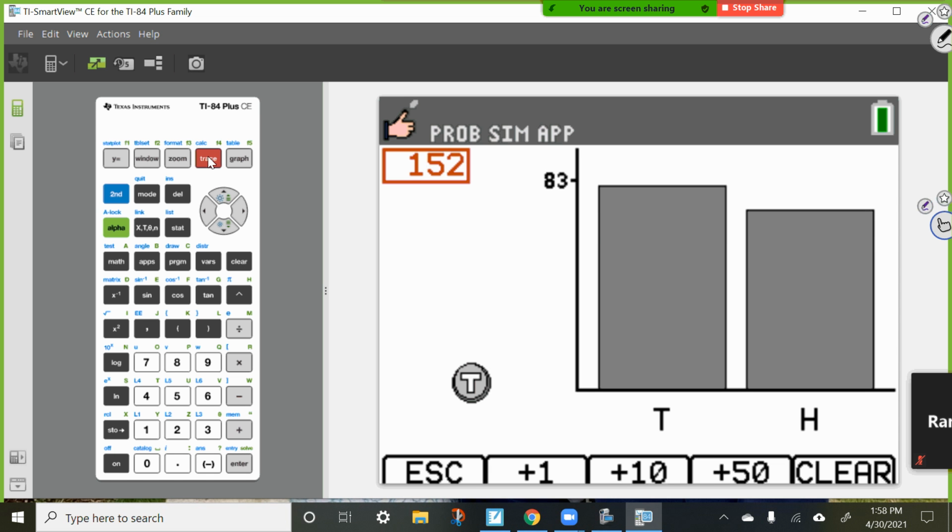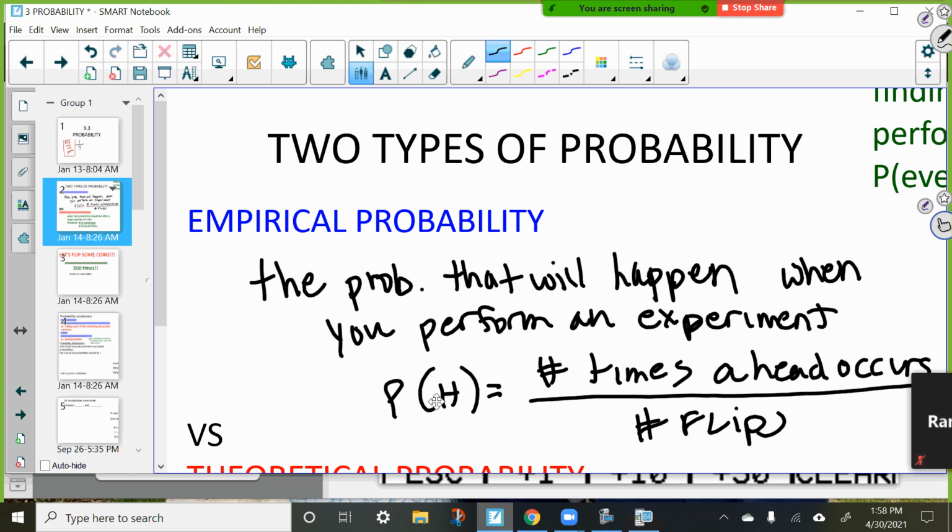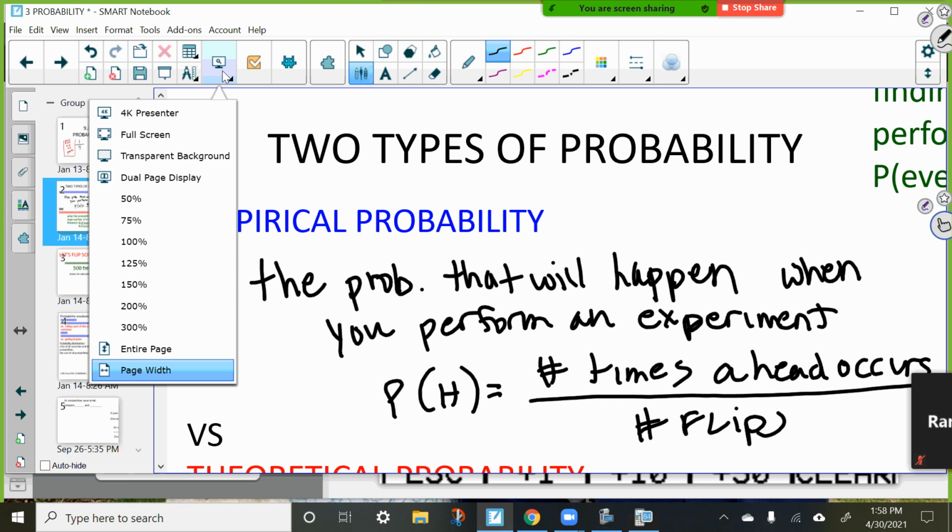If I keep on going, larger and larger, we're almost there. It should be really close to 50%. The bars should be pretty equal. So you see, as I'm doing more and more, they're still close, but they're not exactly 50%, but that's what theoretical probability is.